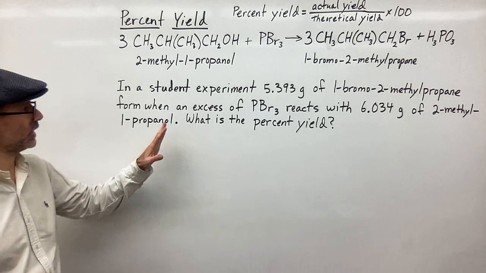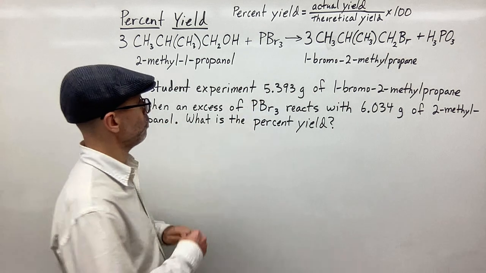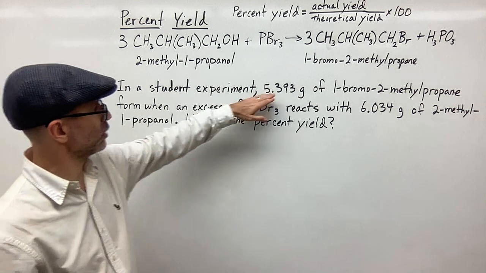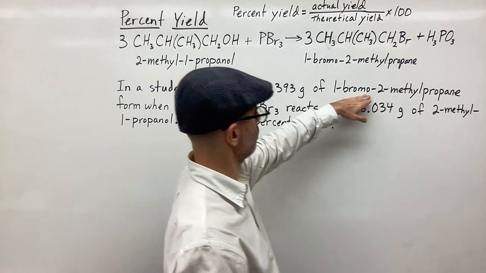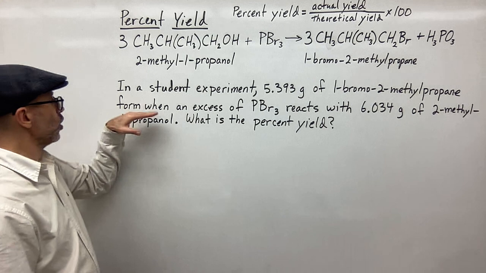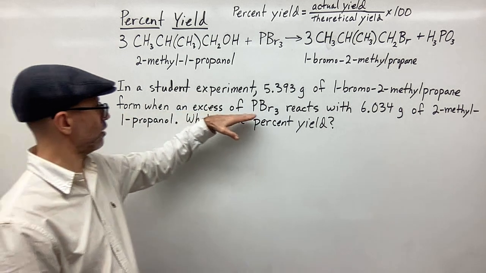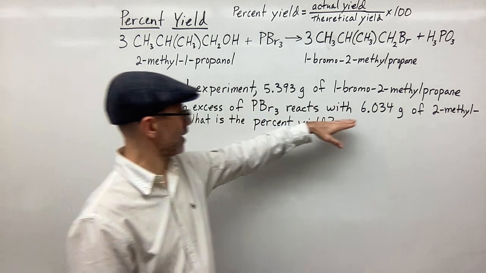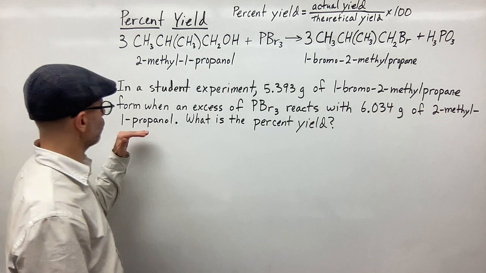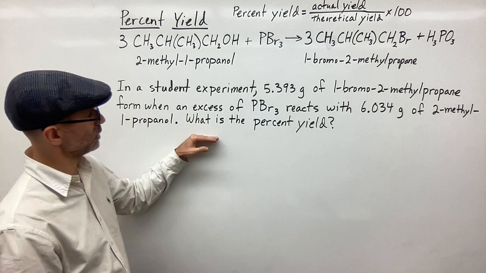In a student experiment, 5.393 grams of 1-bromo-2-methylpropane forms when an excess of PBr3 reacts with 6.034 grams of 2-methyl-1-propanol. What is the percent yield?